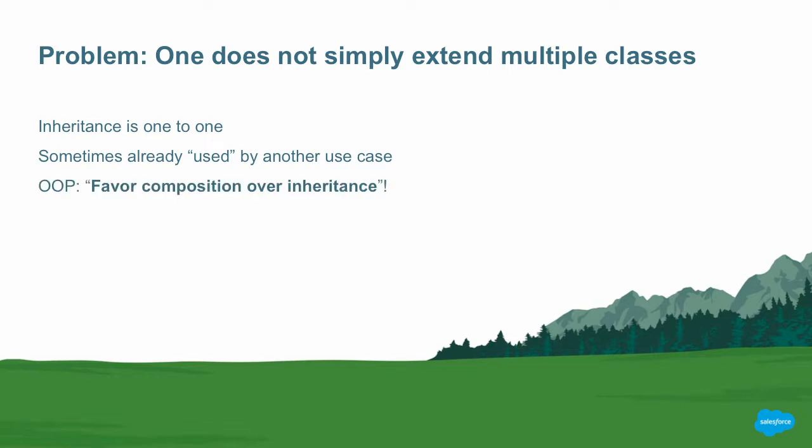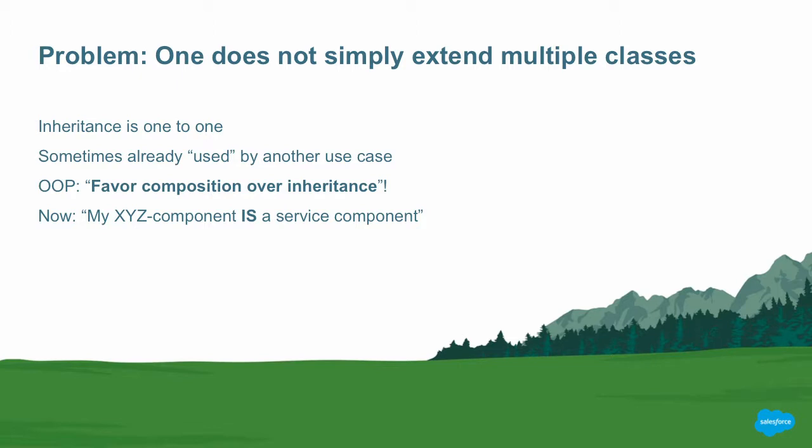And so there is one very important paradigm of object-oriented programming: favor composition over inheritance. Inheritance can be very useful, so we use it also in our product, but think about it when you extend something, you would always say something is something. So for instance, my component is a service component.